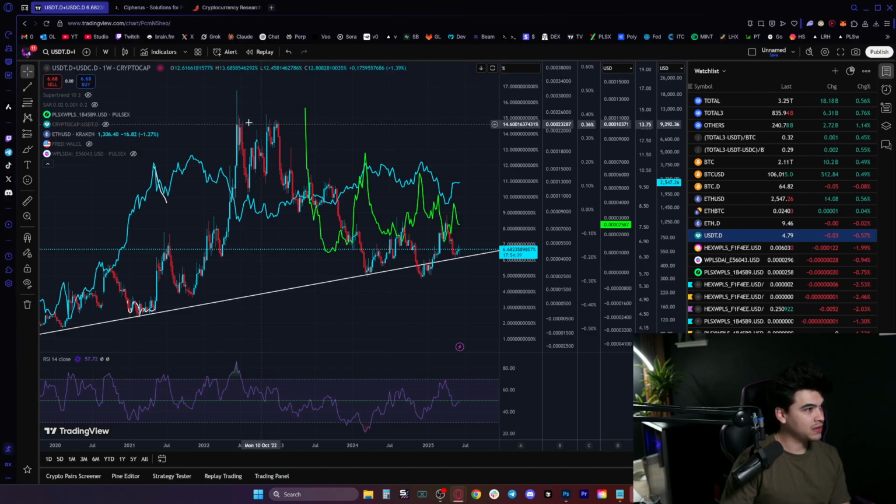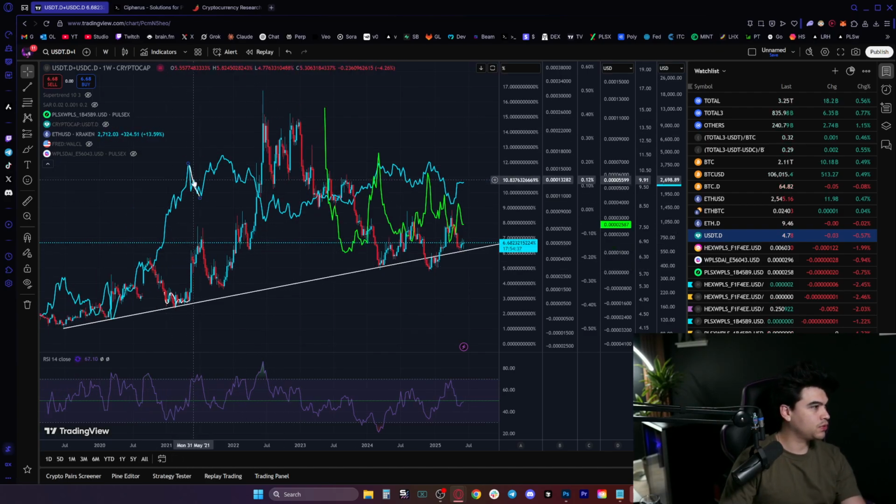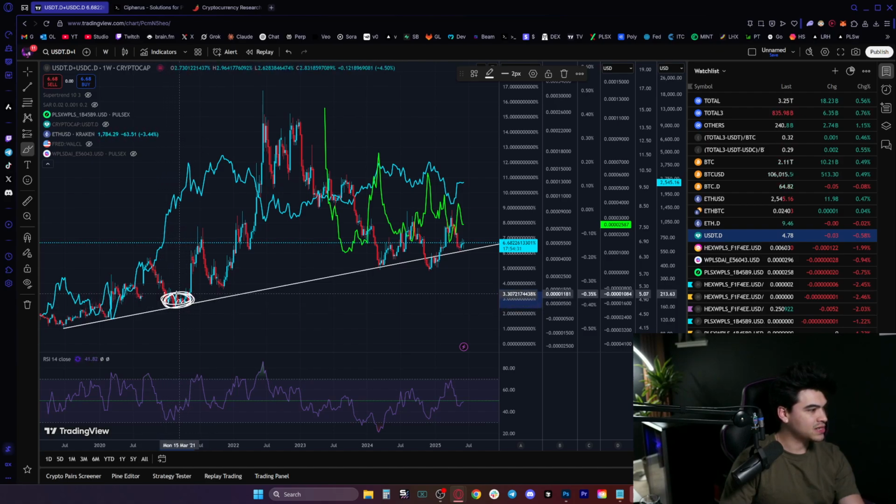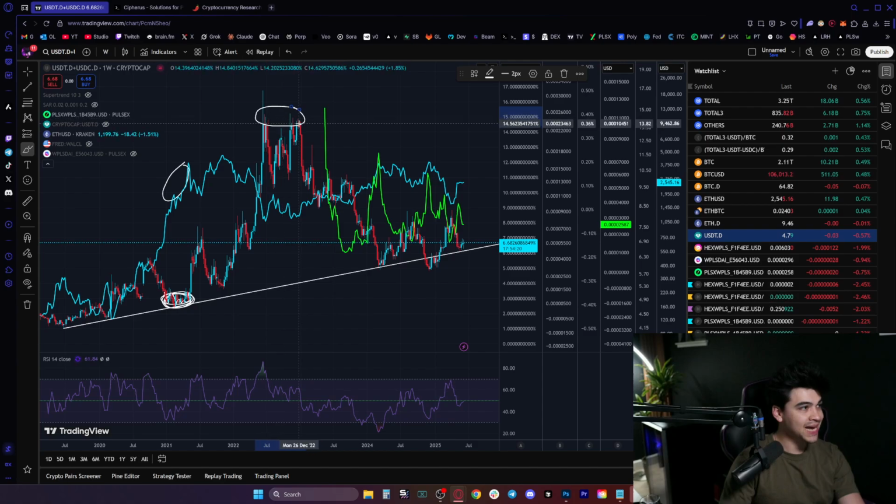Topping off at around 15%, similar to over here, right? Where stablecoin dominance started going sideways at these lows, we were forming our ETH top, right? And when stablecoin dominance started finding this sort of distribution top, you can see that it was a great accumulation zone for Ethereum at around $1,000.